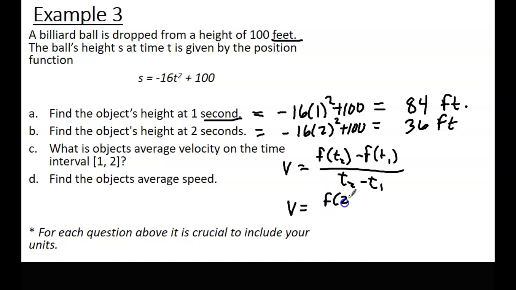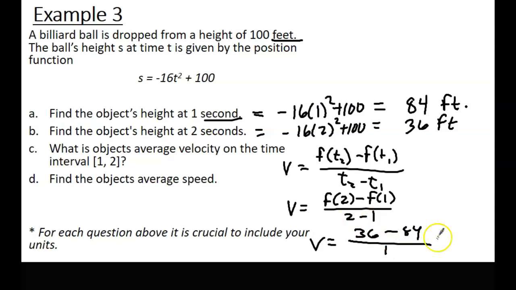My second time is 2. My first time is 1. So what was the position at 2? We've already figured it out. It was 36 at 2 seconds. What was the position at 1? And this will be 1 on the bottom, right? And what's 36 minus 84? I think it's negative 48.